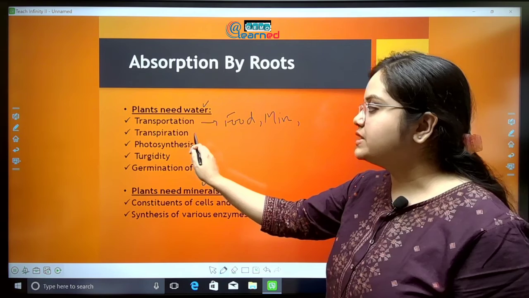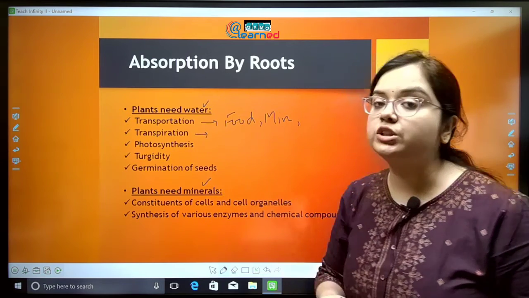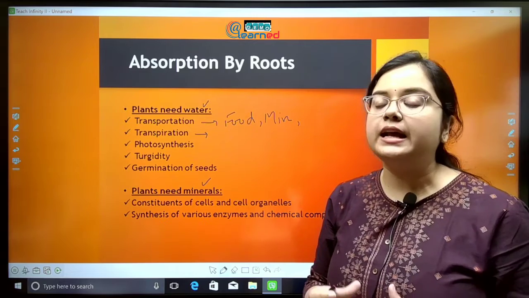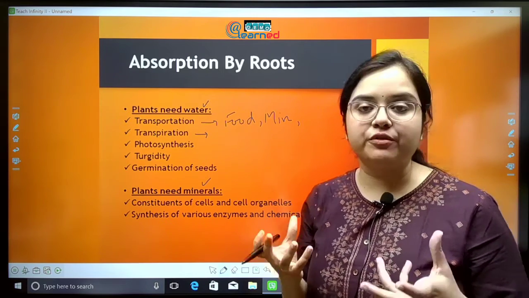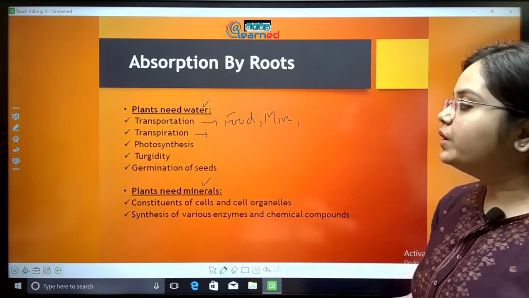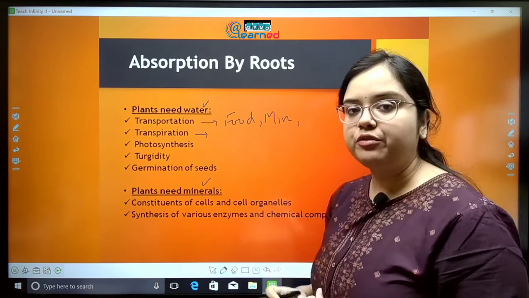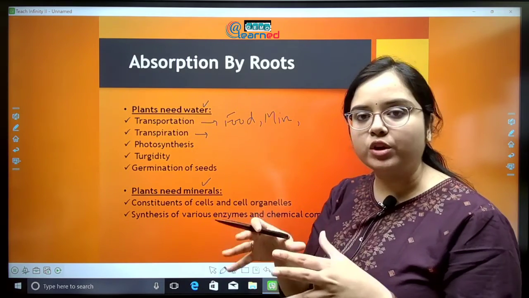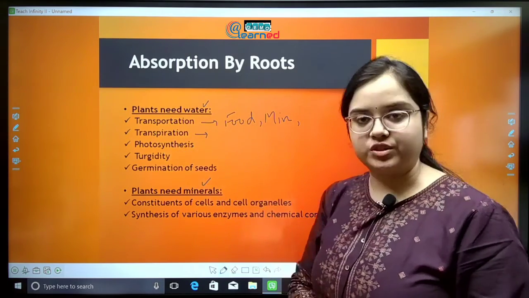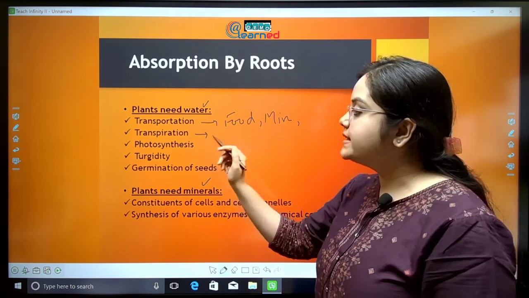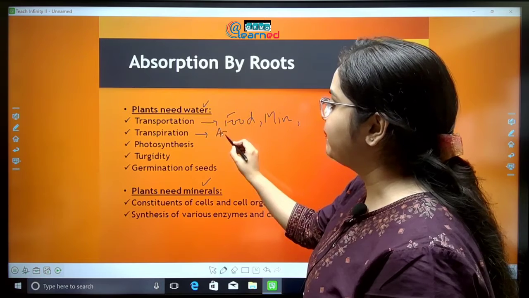Next is transpiration. Now transpiration of water is a very important phenomenon. You might have learnt in your previous classes that transpiration is the evaporation of excess water from the aerial parts of the plant. So that is being taken care of by the water. Because the water is there, in order to balance that water in the plant body, transpiration takes place. And also transpiration is helpful for the ascent of sap.